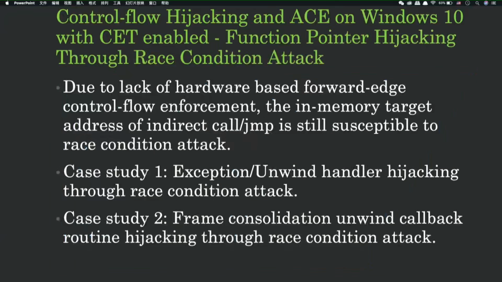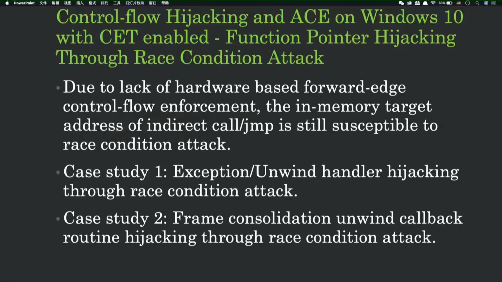And next, let's see something harder. It's about function pointer hijacking through a race condition attack. As Chong mentioned, due to the lack of hardware-based forward-edge control flow enforcement, the IBT, the in-memory target address of indirect call and indirect jump is still susceptible to race condition attack.